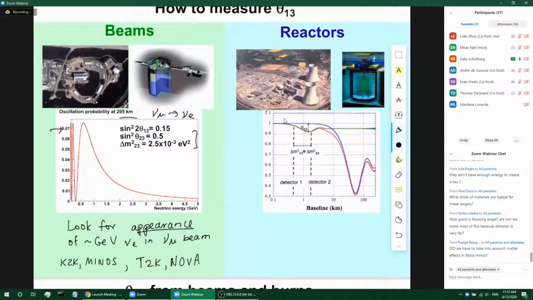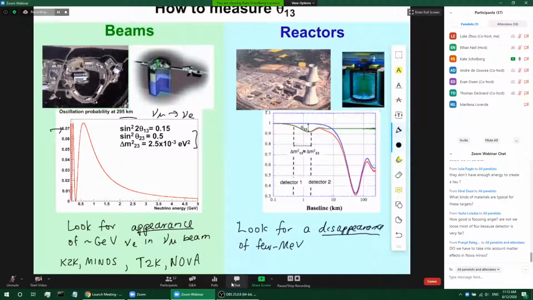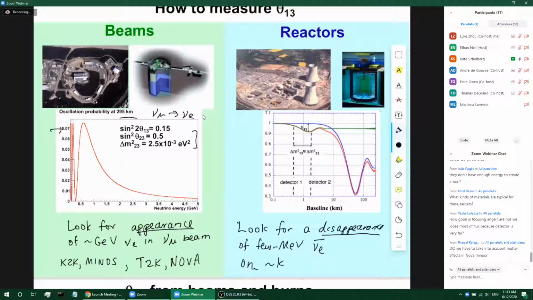Then there's the reactor approach. And here this is a disappearance approach. So reactors pump out lots and lots and lots of nu e bar. And here the idea is to look for a disappearance of few MeV, so that's the energy scale of the nu e bar that come out of reactors from fission, on a kilometer scale.